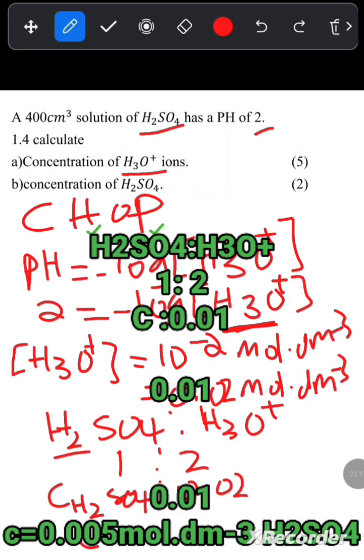So the concentration of sulfuric acid will be equal to 0.01 mole per cubic decimeter.